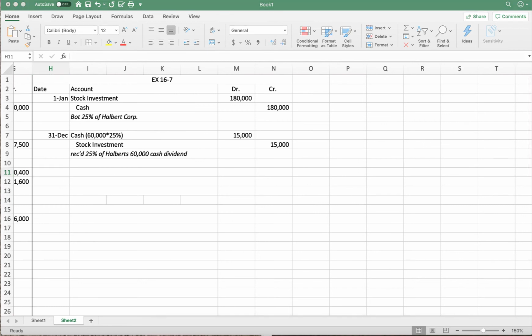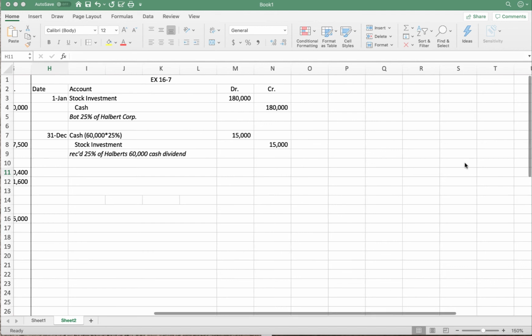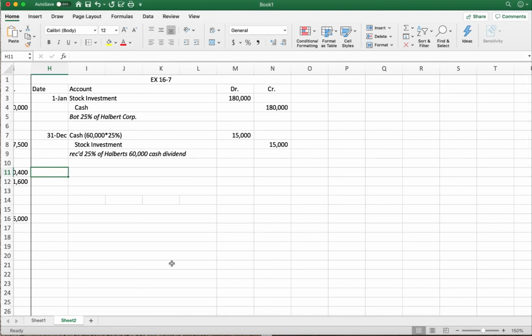They reported net income, right? Because we are using the equity method, we need to record 25% of that company's net income on our books, and we need to reflect that in our stock investment account. So on December 31, I am going to debit and credit something. What am I going to debit and credit?